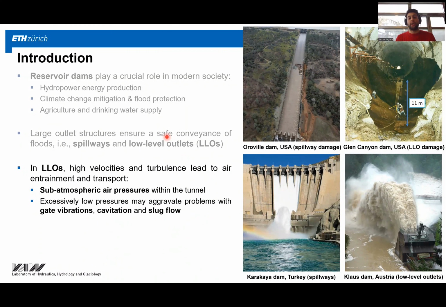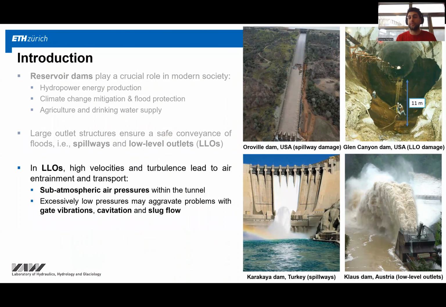As I said before, low-level outlets are characterized by high velocities and turbulence levels due to the high head they usually have at their inlet, and these lead to air entrainment and transport, and subatmospheric pressures may also develop at the structure invert. These subatmospheric pressures may trigger serious issues, such as gate vibration, cavitation, and slug flow. I would like to concentrate on cavitation during this presentation.